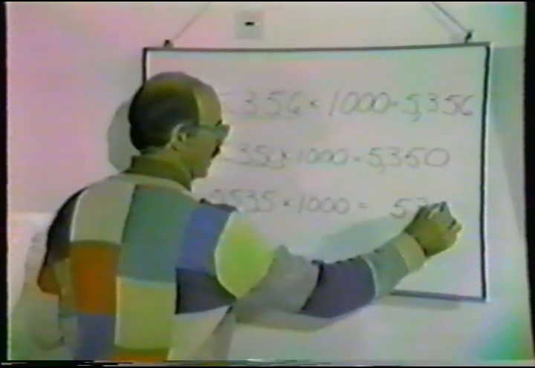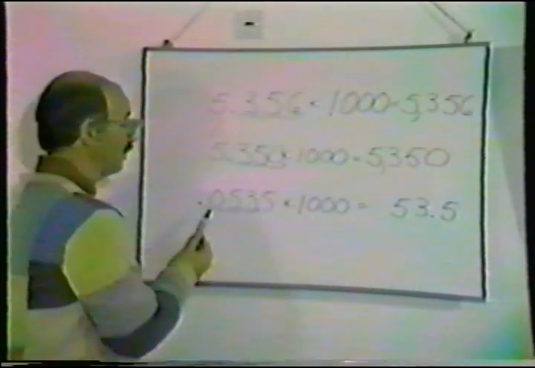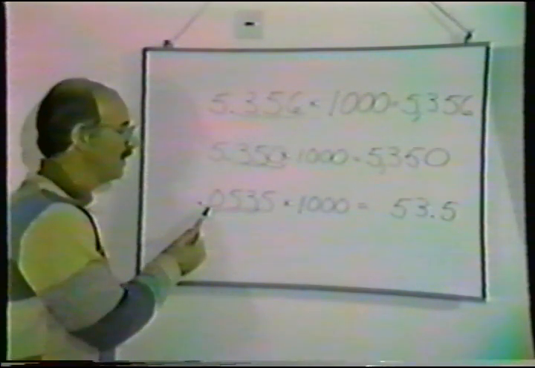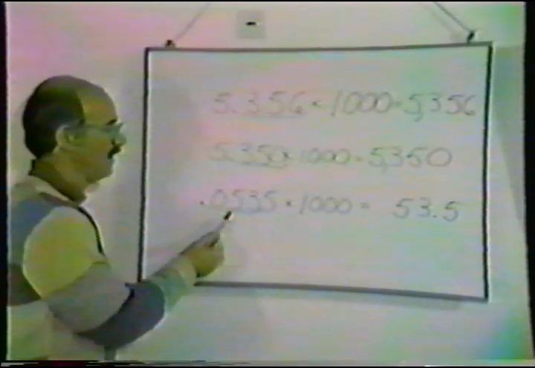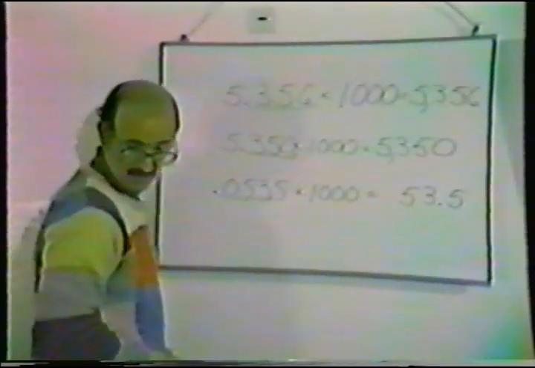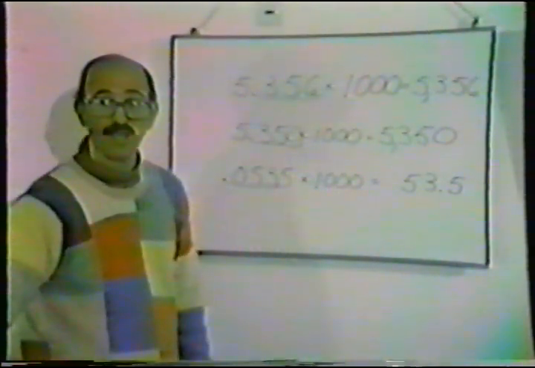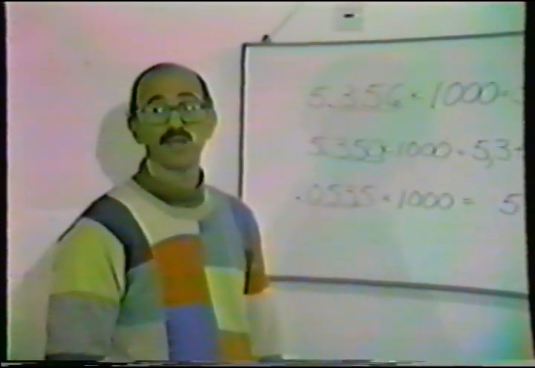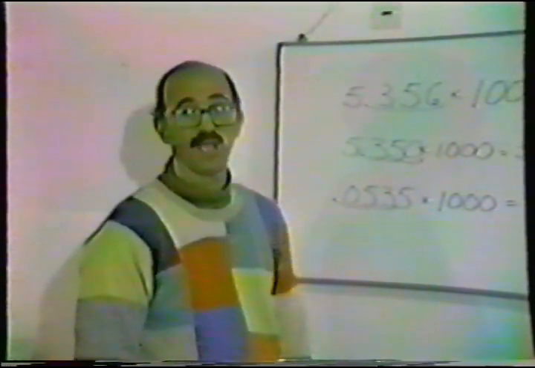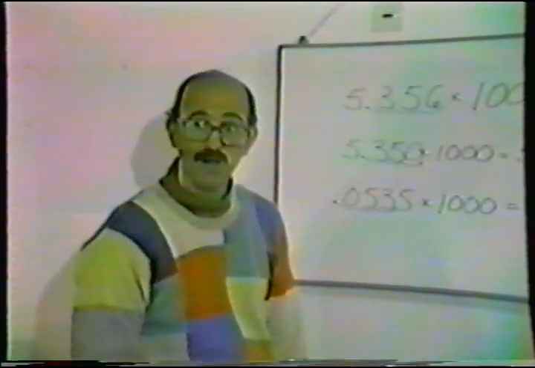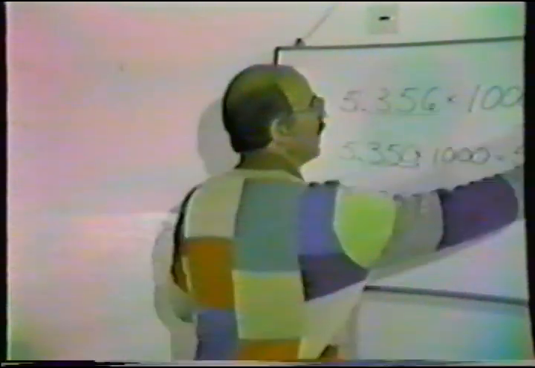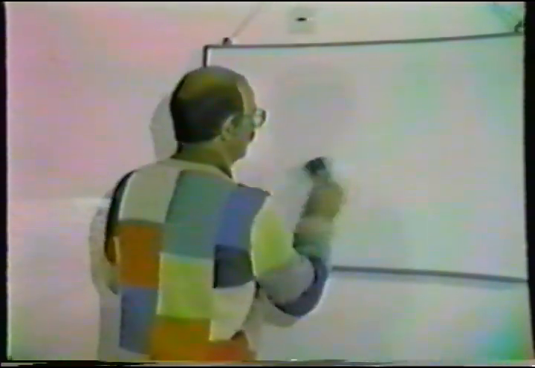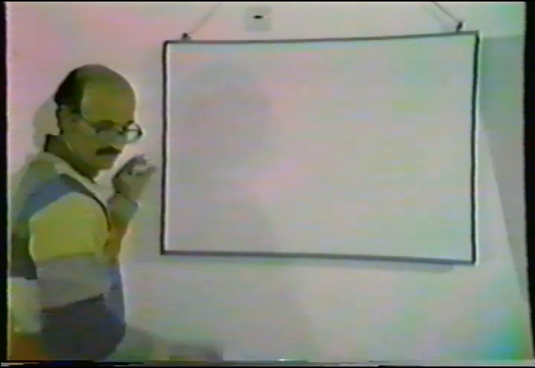And you will see that we no longer need this 0 that was at the front of our number, because our answer is 53.5. And that's all there is to multiplying decimal numbers by 10, 100, and 1,000. Now we're going to learn right away how to divide by 10, 100, and 1,000.